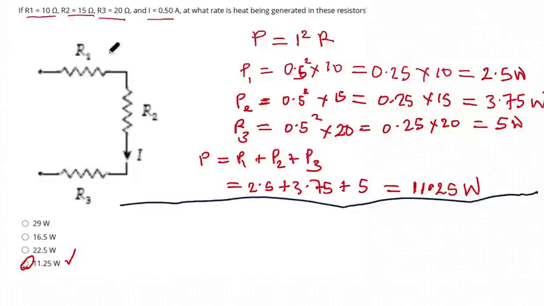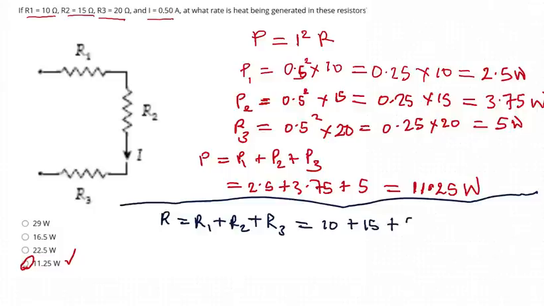Since the 3 resistors are in series, the equivalent resistance is equal to R1 plus R2 plus R3, where R1 is given as 10, R2 is given as 15, and R3 is given as 20, and this will be equal to 45 ohms.